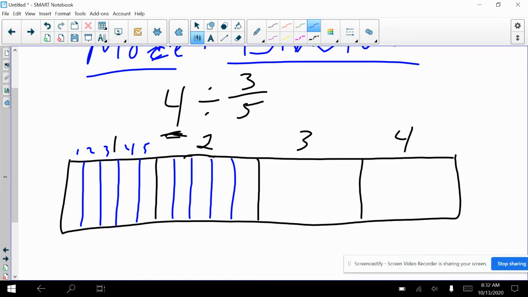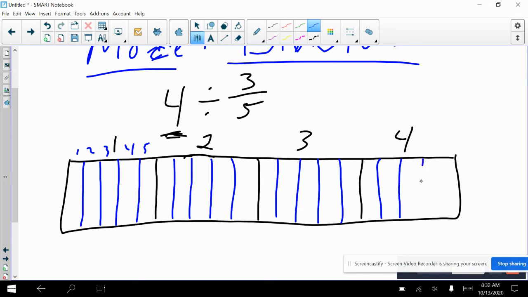So I'm going to do that for each box, because I have to have 5 in each box. Does that make sense so far? All right. The whole number is simply what you're dividing by, how many pieces you have. You have 4 of them. Okay, the denominator in the fraction tells you how many pieces make up one whole.